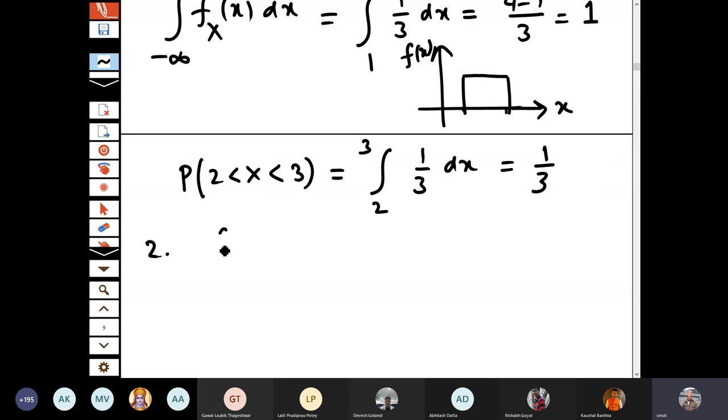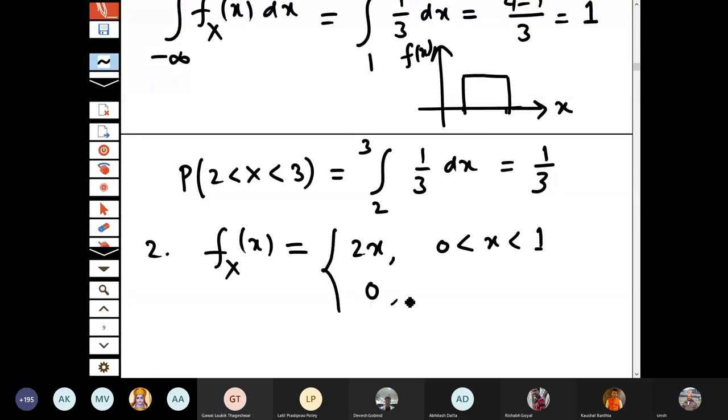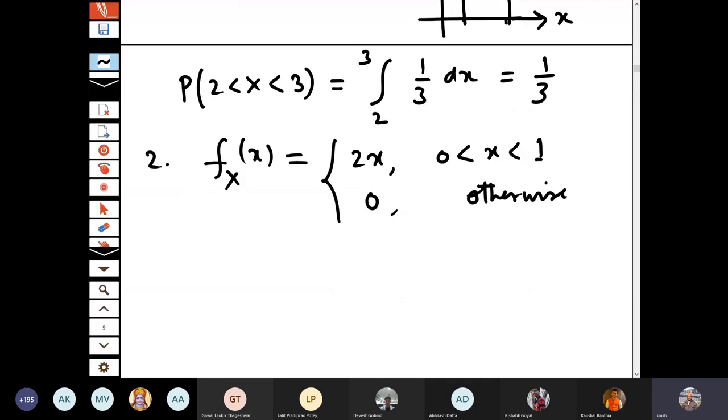Let me take another example. Over the interval 0 to 1, I define the density function to be 2x. So it is something like this, if you have the interval 0 to 1.